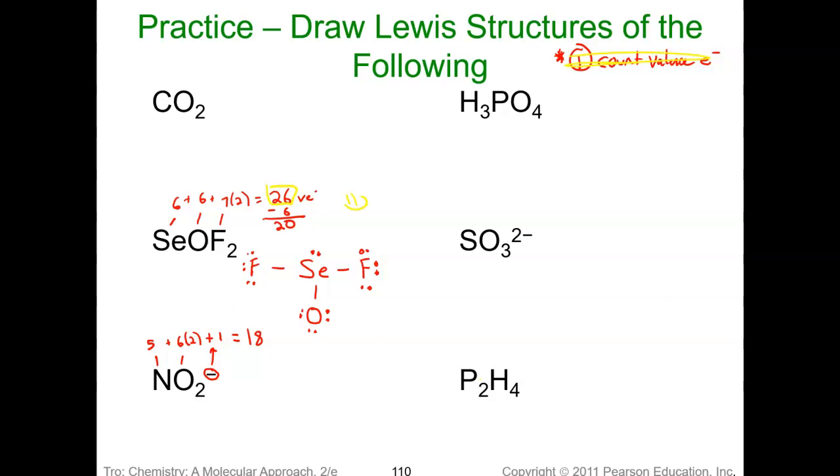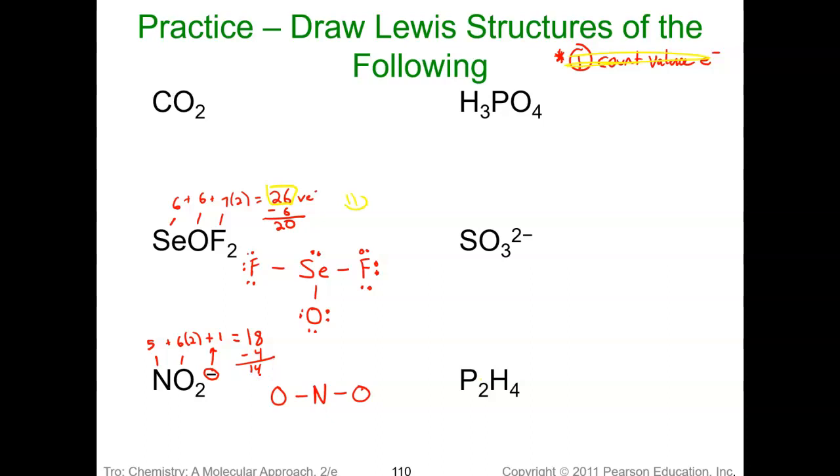Next step, draw our skeleton structure. Again, our least electronegative atom is going to be nitrogen, so it goes in the middle. The only way you can put 2 O's around it is the most symmetrical way, so we're just going to do that. Next step, subtract the number we've used. We've used 4 electrons. This gives us 14.